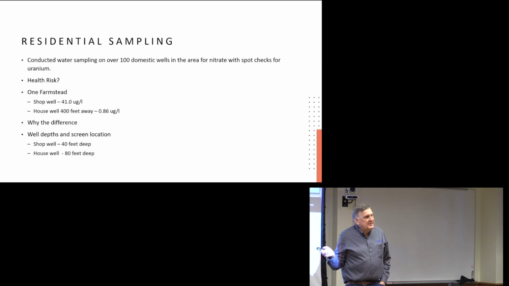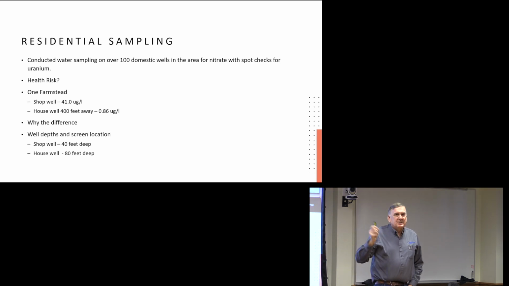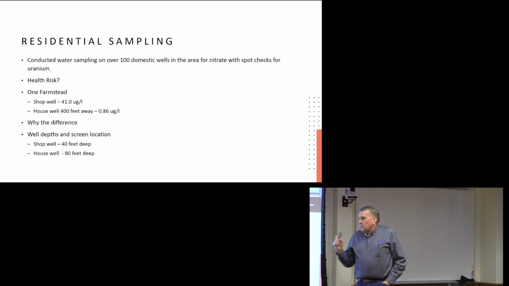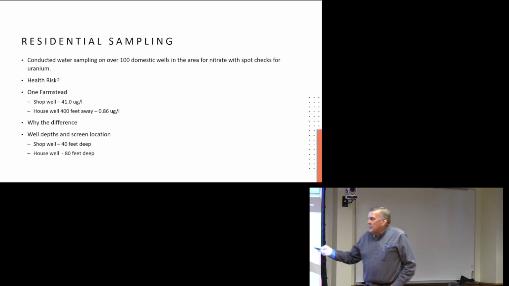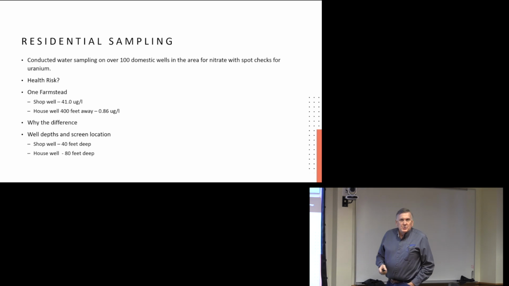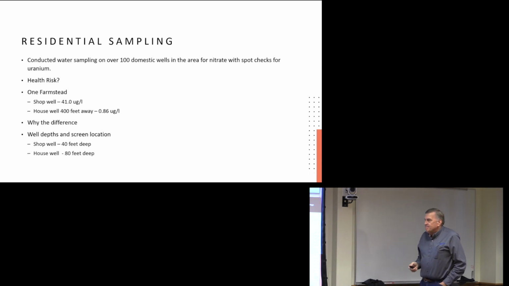This particular site is east of Schuyler. So we're pretty sure the uranium plume is bigger than those 4 sections. It's probably 10 or 15 miles long in here. But we don't have enough shallow wells to take a good sample.